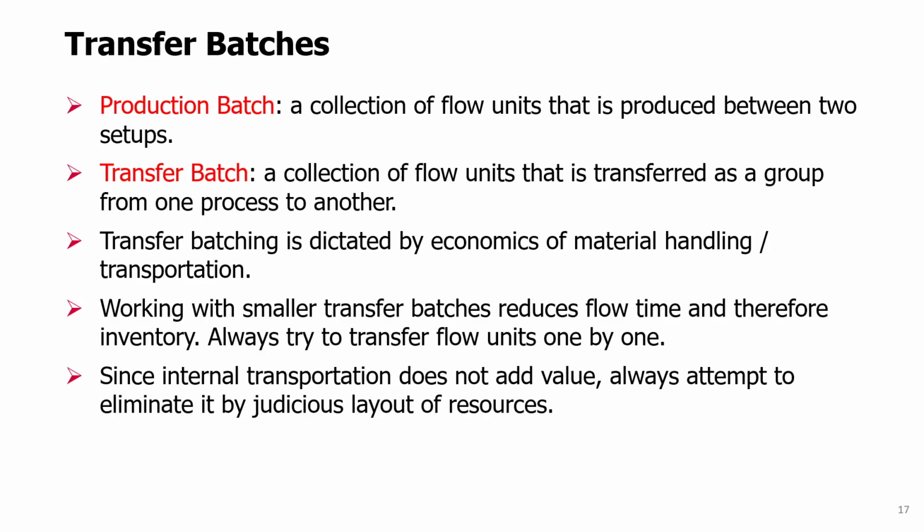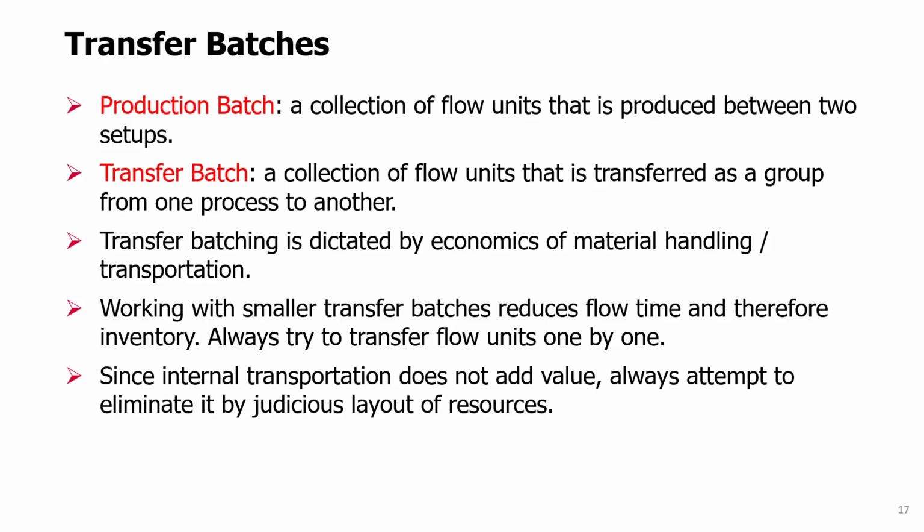Increasing flow time and increasing inventory will lead to problems we will discuss in this course. So it is always recommended to transfer flow units in the smallest quantities, even one by one. And internal transportation actually can often be eliminated if we use an appropriate layout of resources.